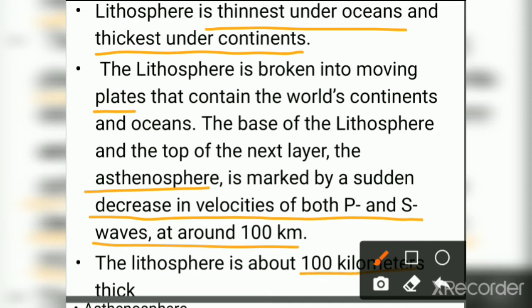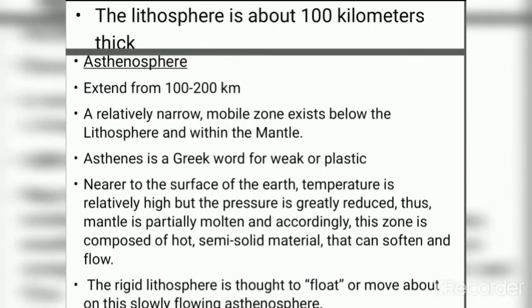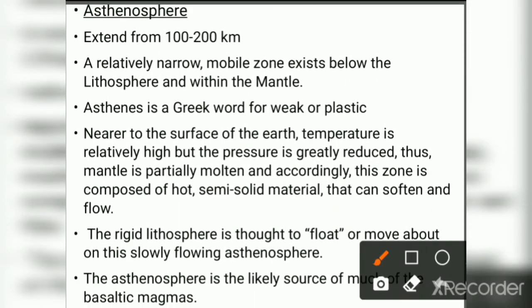The next layer is asthenosphere. There we could observe a decrease in velocity of both P and S waves at 100 kilometers. The asthenosphere extends from 100 to 200 km. It is a relatively narrow, mobile zone below the lithosphere and within the mantle.